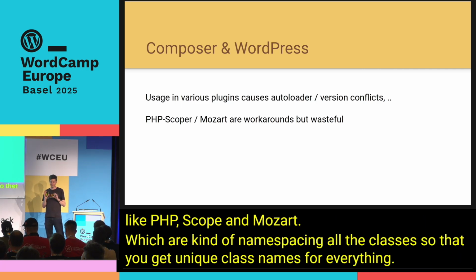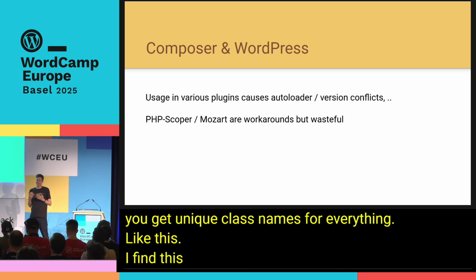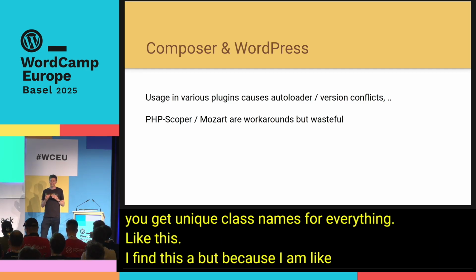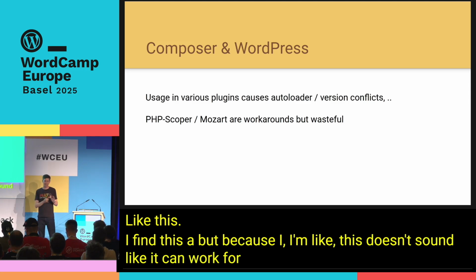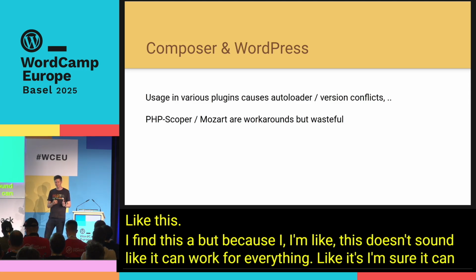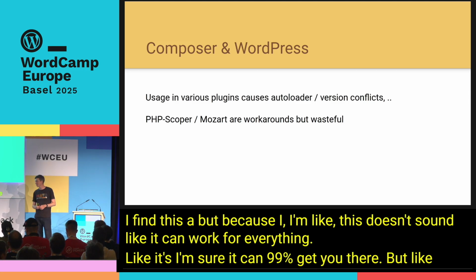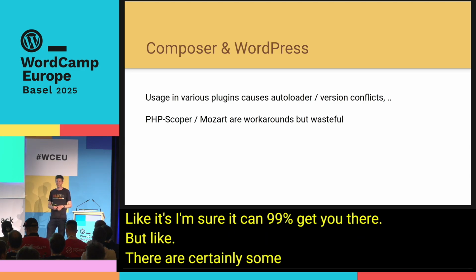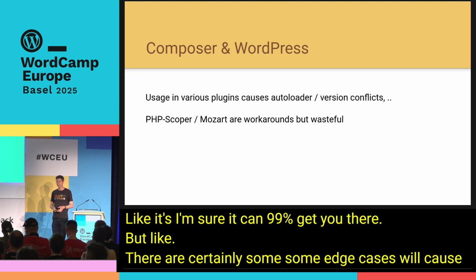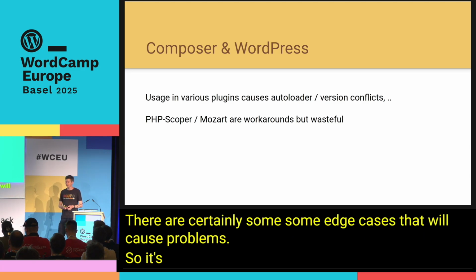They namespace all the classes so that you get unique class names for everything. I find this doesn't sound like it can work for everything. I'm sure it can get you 99% there, but there are certainly some edge cases that will cause problems. So it's a necessary evil, I guess.